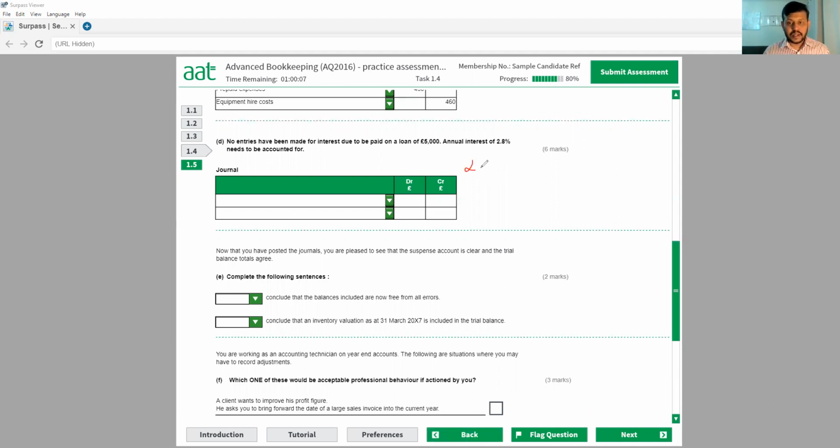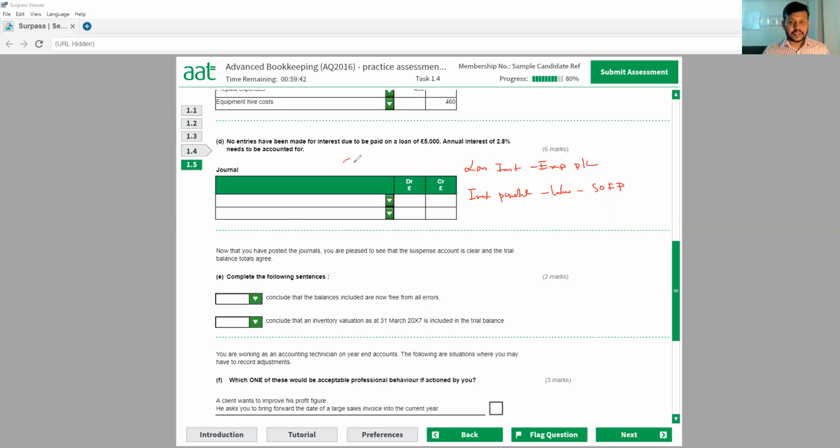Remember that loan interest is always an expense on the profit and loss account. So on the P&L account it is an expense, and it will create a liability. So loan interest payable is a liability on the SOFP.